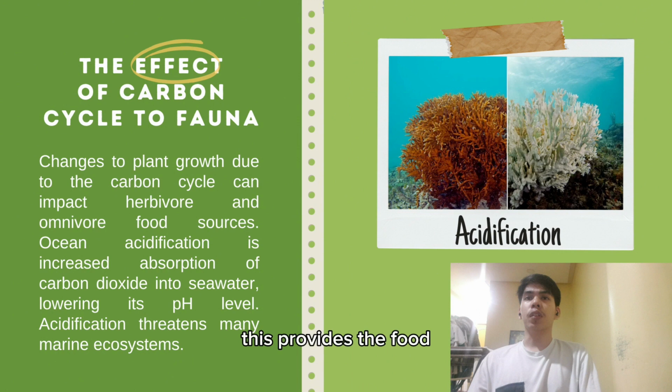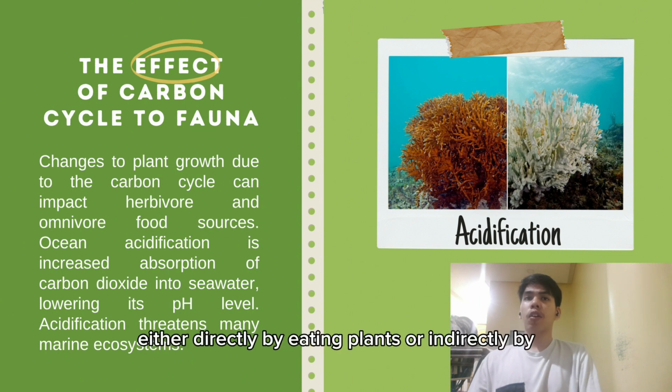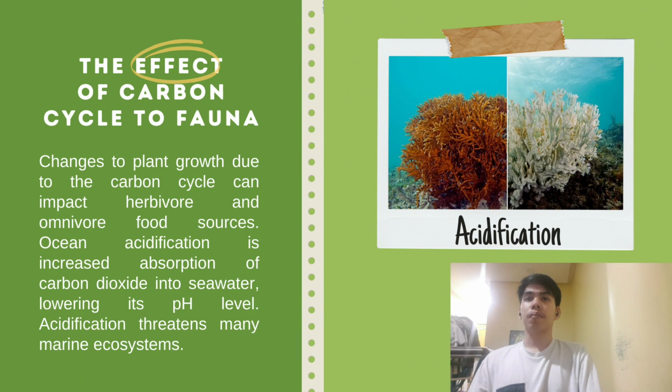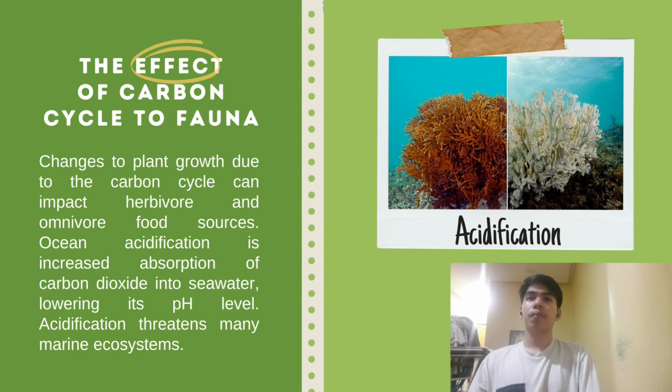This provides the food and oxygen animals need to survive. Many animals depend on plant material for food, either directly by eating plants or indirectly by eating other animals that feed on plants. Changes to plant growth due to the carbon cycle can impact herbivore and omnivore food sources.